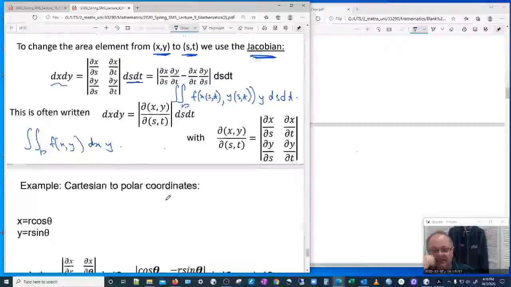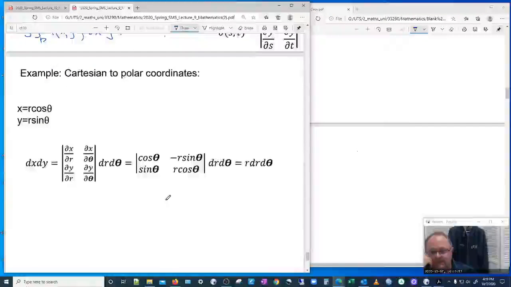Alright, so just an example, Cartesian coordinates. If we go ahead and do all of this, we'll end up with r cos squared, this multiple, minus r sine squared, and then we can take out the minus of minus is a plus.